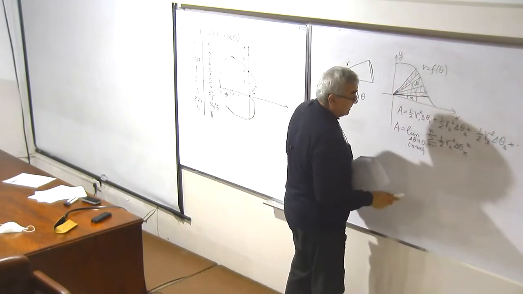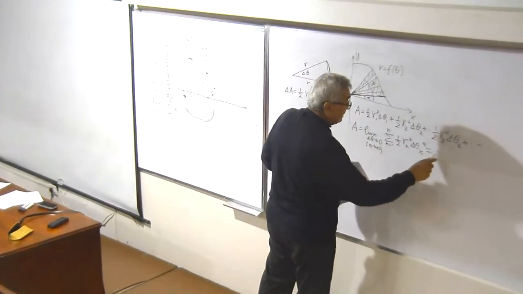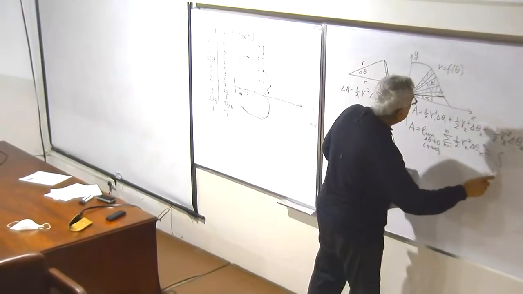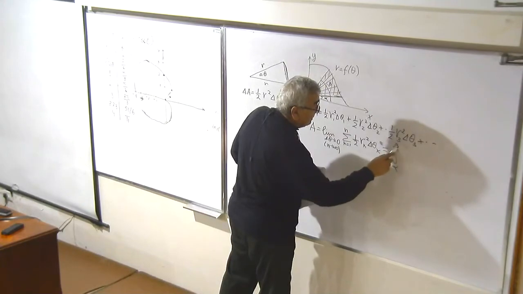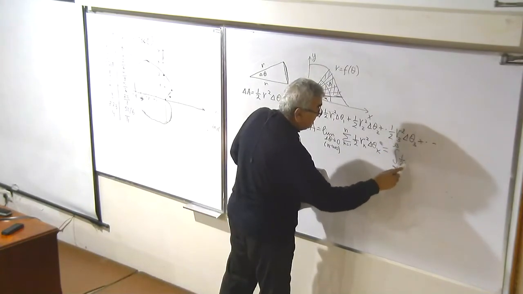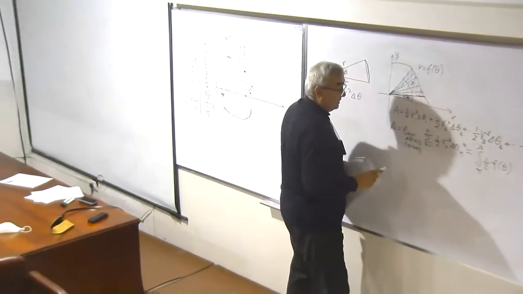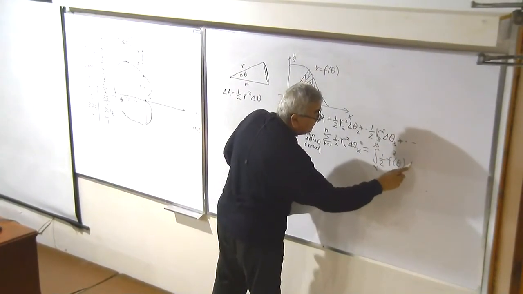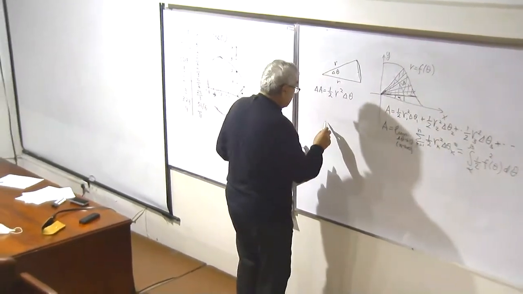That means that this limit, because this is a limit of a Riemann sum, will be the integral from alpha to beta of 1 by 2 f theta square d theta, because the function r is defined by f theta. So I receive the answer.